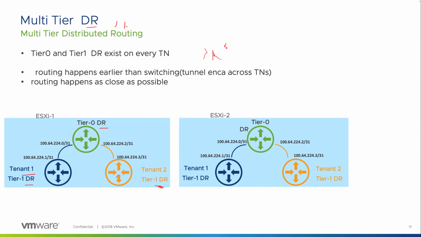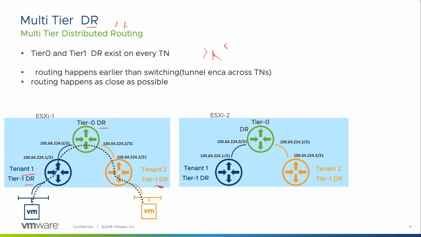Let's say we have a blue VM and a yellow VM, and they want to talk with each other. How do we leverage the 3 DRs to do the routing function?